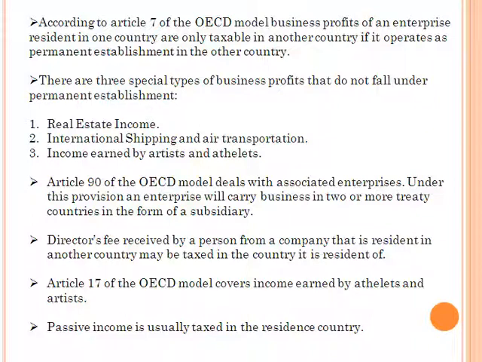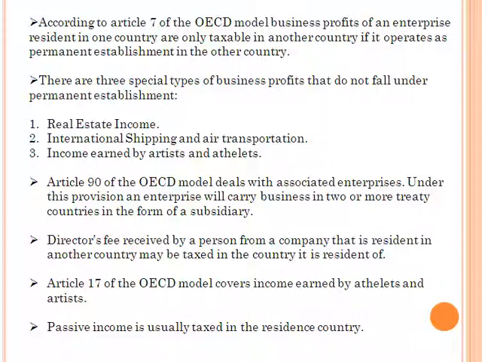There are three special types of business profits that do not fall under permanent establishment. Number one, real estate income. Number two, international shipping and air transportation. And number three, income earned by artists and athletes. Article 9 of the OECD model deals with associated enterprises.